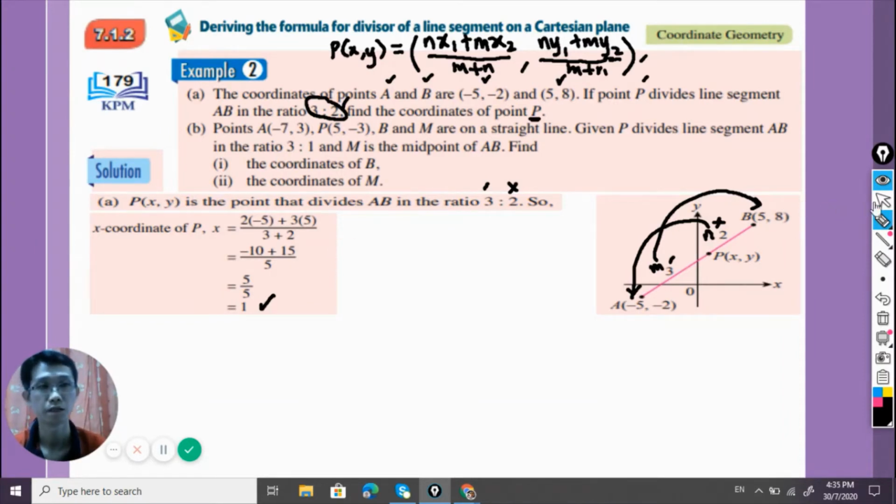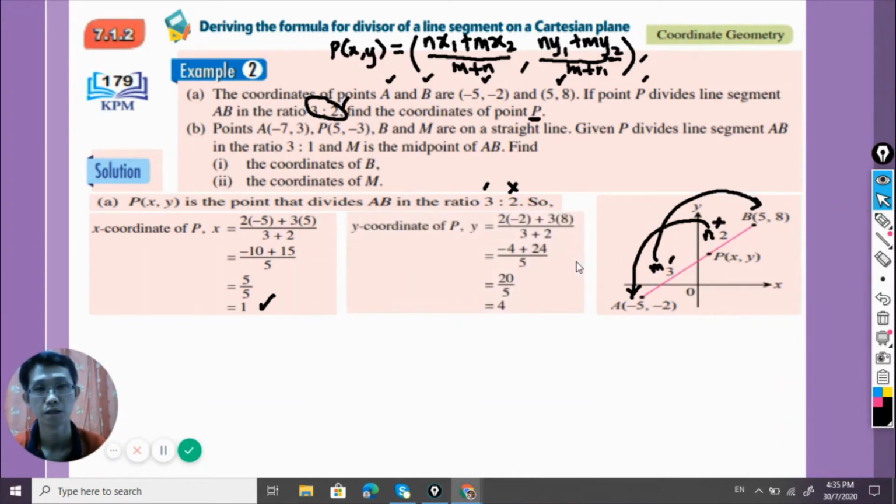So you do the same thing for the coordinate y. In a similar way, we take the ratio value of n, which is 2, multiplied with y1, which is -2, plus m, which is 3, multiplied with y2, which is 8. So 3 times 8, over the total of the ratio m plus n, so it's over 5.